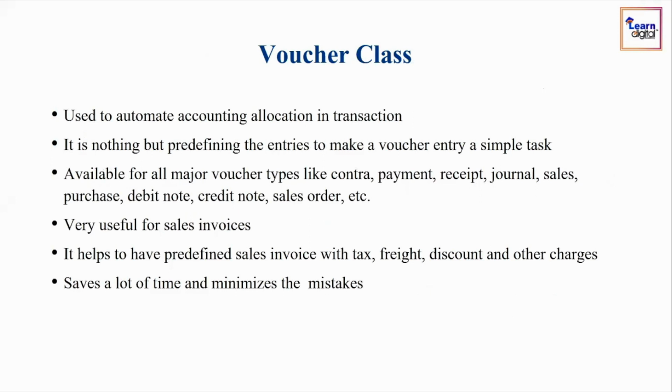You can create voucher classes for every type of voucher, that is contra, payment, receipt, journal, sales, purchase, debit, credit, sales orders, purchase orders, everything. And most effectively you can use this for sales invoices. You can create different classes in sales invoices. While entering the transaction, again press F8 to select the voucher class as per the need of the transaction.